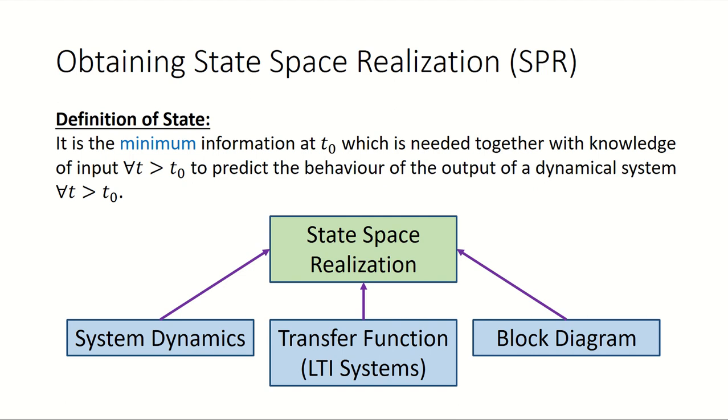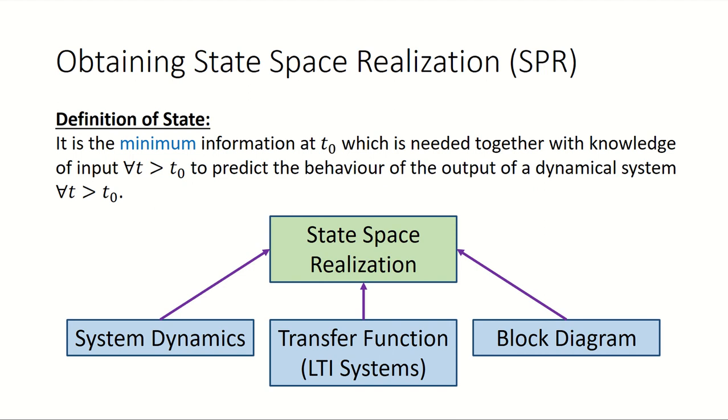So this is the minimum information at t0 which is needed together with knowledge of the input for all t greater than t0 to predict the behavior of the output of a dynamical system for all t greater than t0.